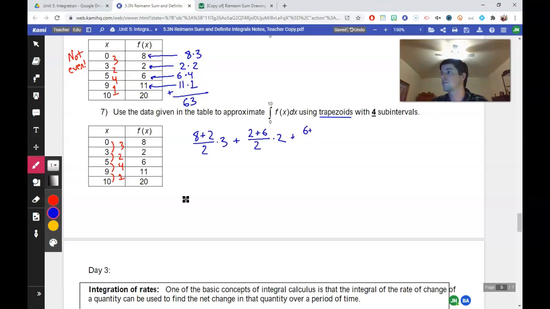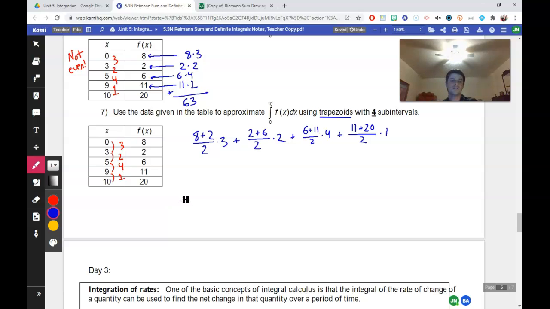Then we're going to do 6 plus 11 over 2, the average of those two, times the next width. And of course, the first base added to the second base over 2, that's the generic formula, times 1. I just realized this should not be a 2, sorry, that should be a 4. So these numbers, 3, 4, and 1, those are the widths. I've got those right here.